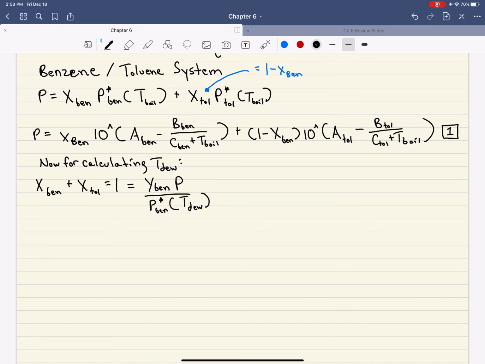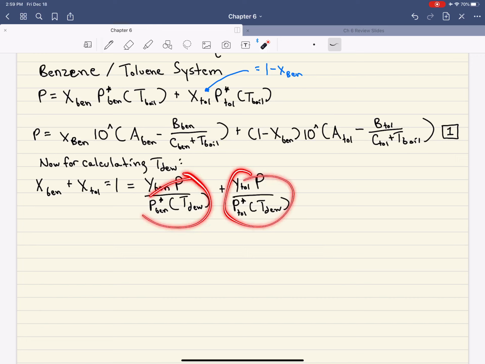All right? And then for the toluene term, we're going to do something similar, so I'll just write Y toluene. Still it's the same pressure, and also it's vapor pressure at T dew. So I'll emphasize here that there's just going to be one dew point temperature, right? Both the benzene and the toluene terms use the same dew point temperature.